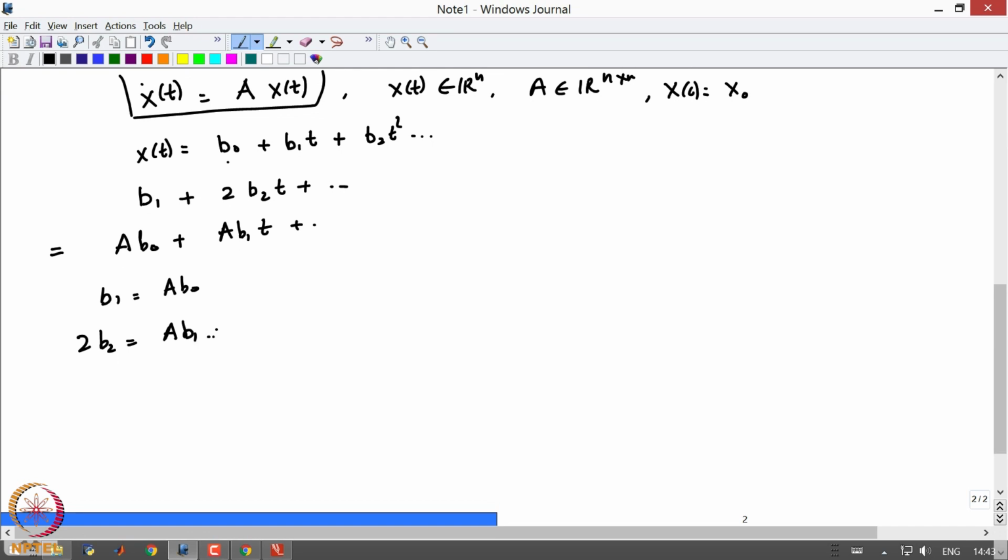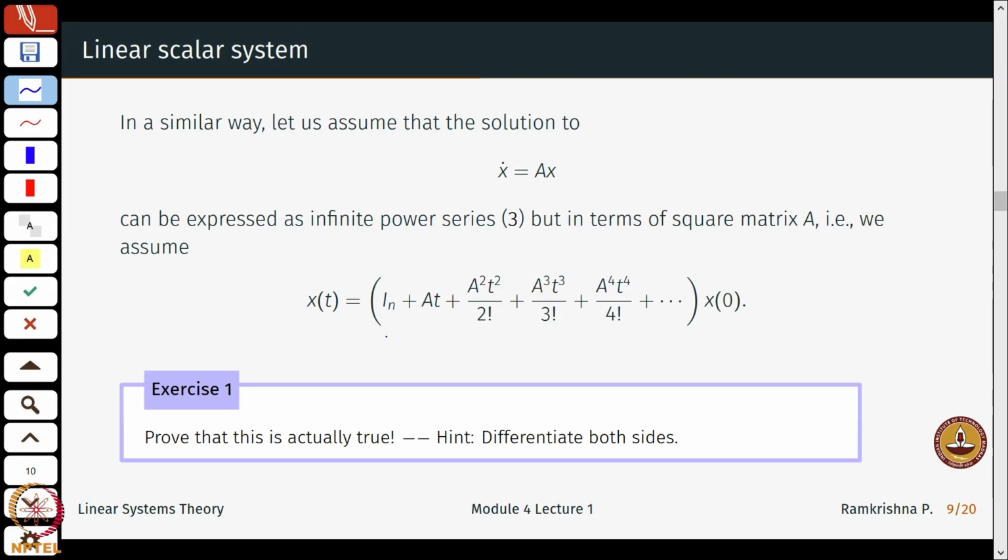So, this will give me a solution which looks like this. I have the identity matrix, A t and all these higher powers of time. Of course, this is true. You can easily check by differentiating both sides. That is one way to check if a certain x of t is the solution to a particular initial condition or not.